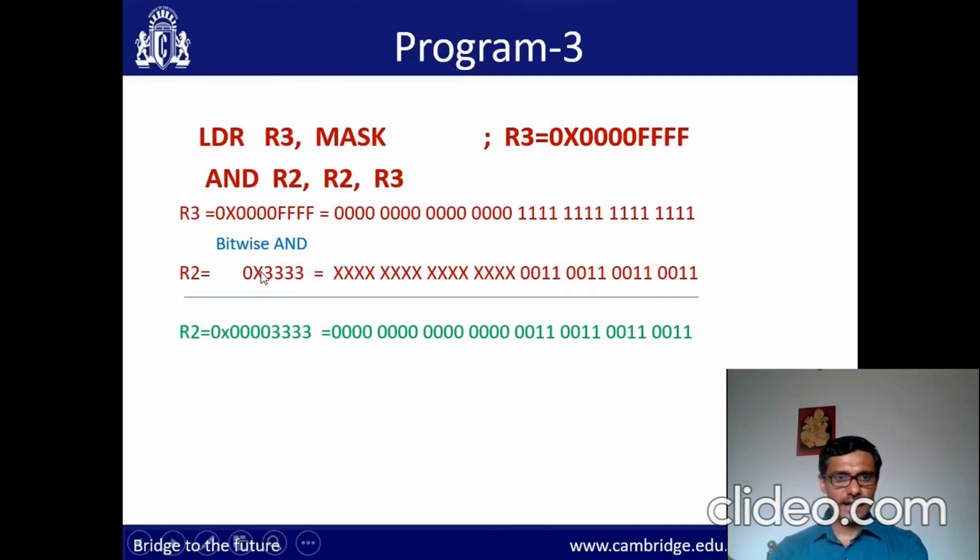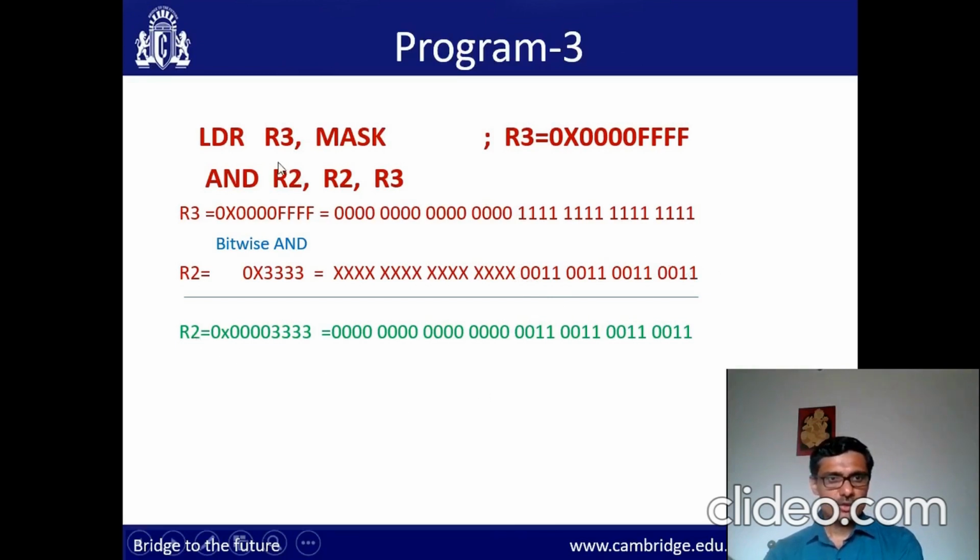Now you perform the bitwise AND operation between these two. After performing the bitwise operation, we are just masking these bits. You see here, we are just masking the upper 16 bits of R2. We don't know what these values are, because in R3 all these values are 0. After the AND operation you get 0, 0, 0, 0 till here, because 0 AND any other number is equal to 0. Similarly here, after performing the AND operation, you get these numbers as they are.